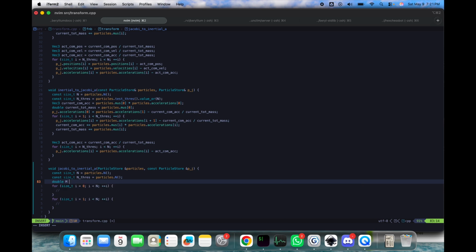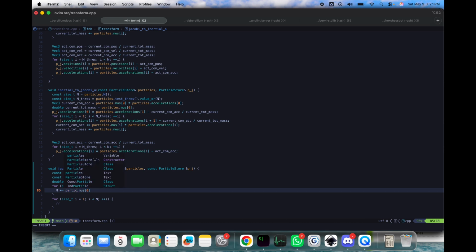Double m equals 0. For size_t, m plus equals particles.mu's index. It could be PJ. Do we trust PJ or particles more? You know what? If they are both wrong, who cares? I'm just going to do this: particles.mu's index i.